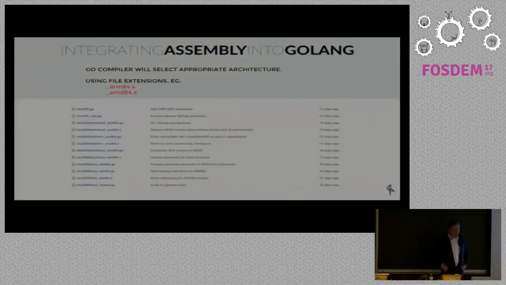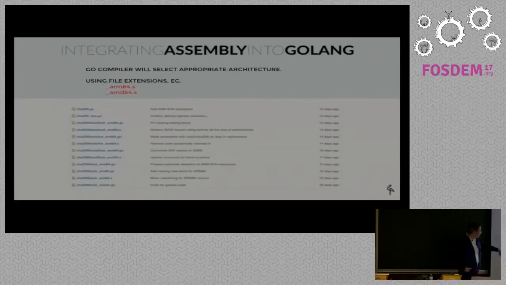If you want to integrate assembly into Golang, you have to use the .s extension for assembly, and that is prepended by an architecture identifier. So _arm64 means that the assembly is for the ARM 64-bit platform, and likewise amd64 will be for the Intel or AMD 64-bit platform.